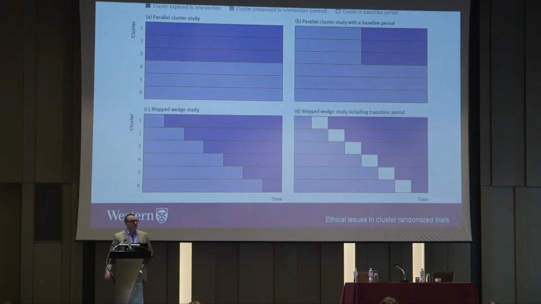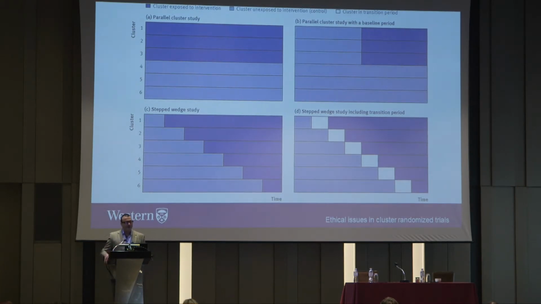Cluster randomized trials are a family of designs. They're not just one design. We're mostly in this first session going to be focusing on parallel cluster studies in which the intervention and control group both receive their interventions at the same time.